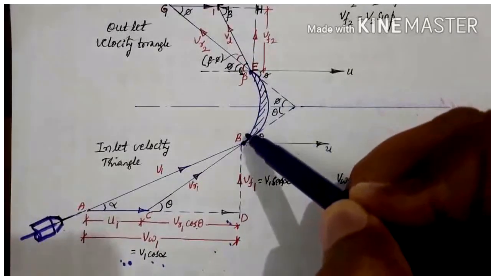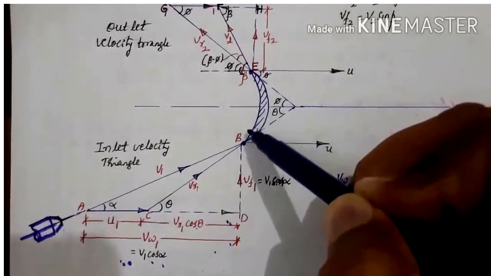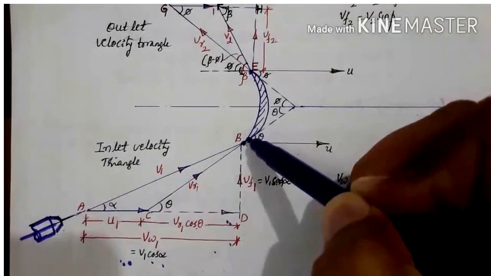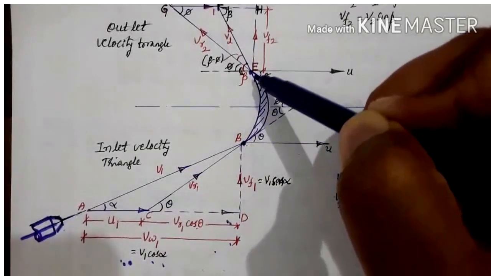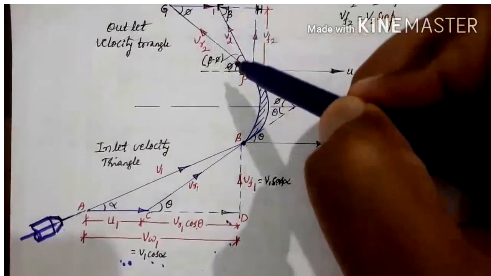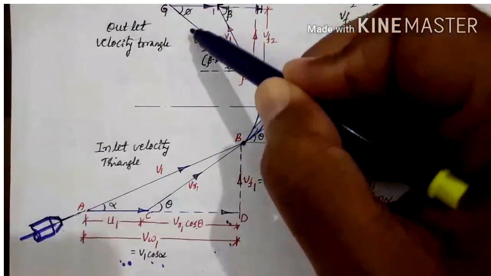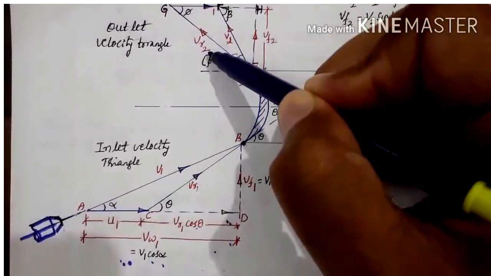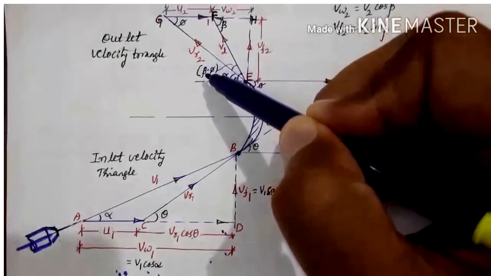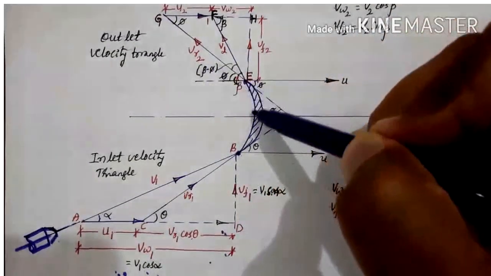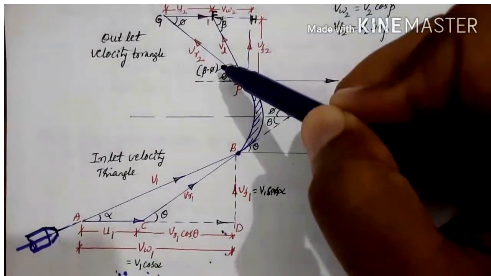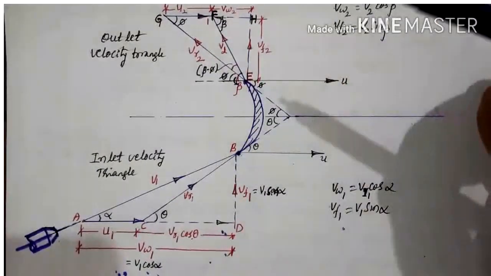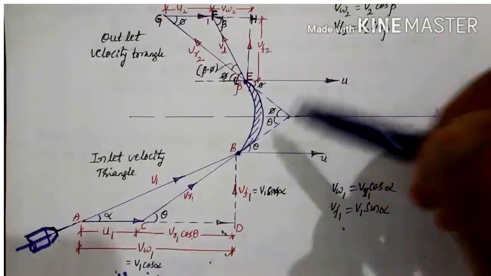There is no frictional loss here, and whatever velocity with which the jet enters the blade passage, it will glide over the surface and exit with the same velocity, mentioned here at the outlet as VR2. If there is no loss in the blade passage, then VR1 is equal to VR2. If there are any losses, then VR1 is not equal to VR2.